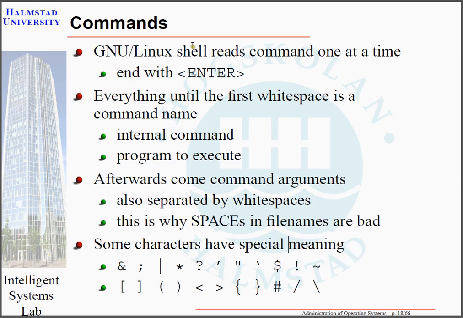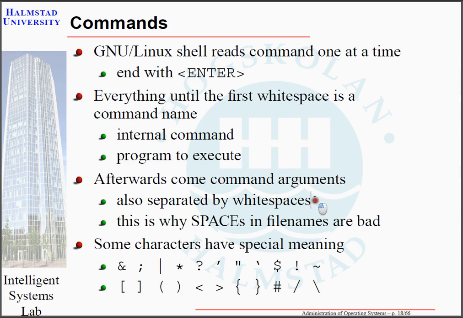So in general, the shell reads commands one at a time. You type something, press enter, and then the computer tries to execute it. Everything until the first white space is a command name. It can be either an internal command or the program that you want to execute. Afterwards come command arguments, separated by white spaces.